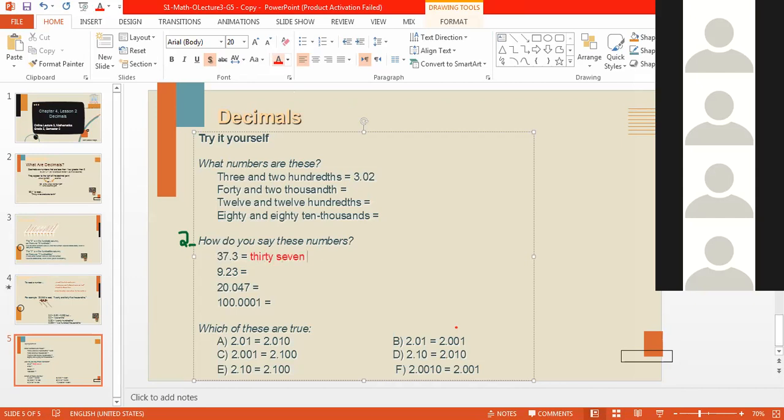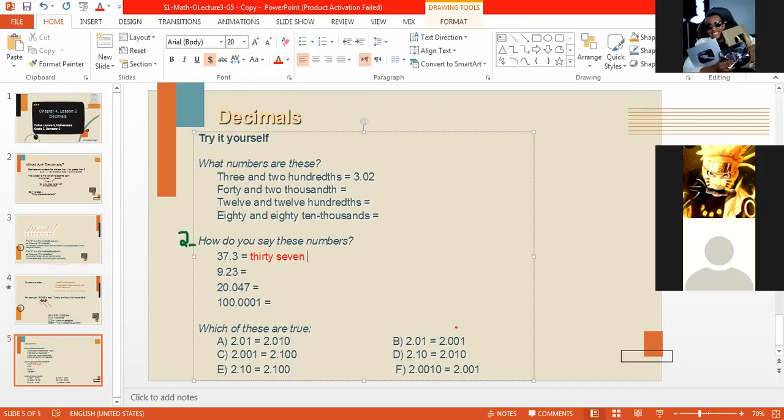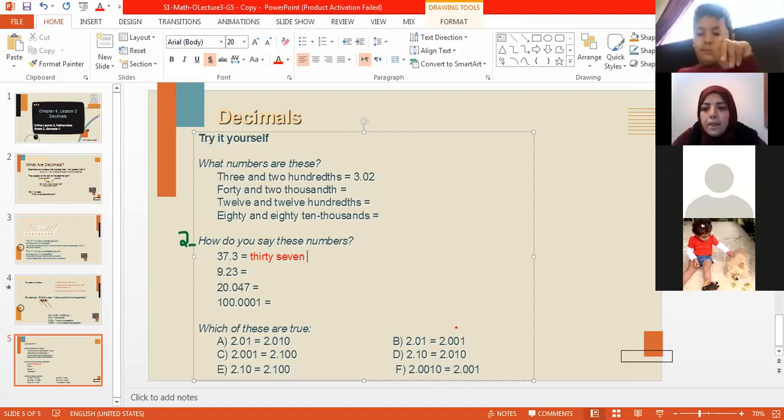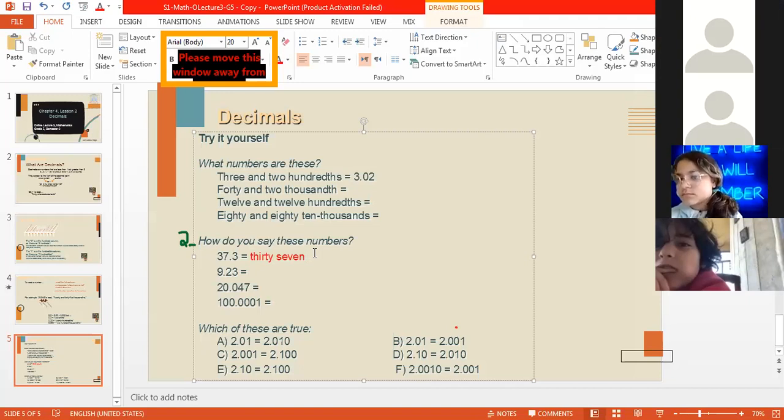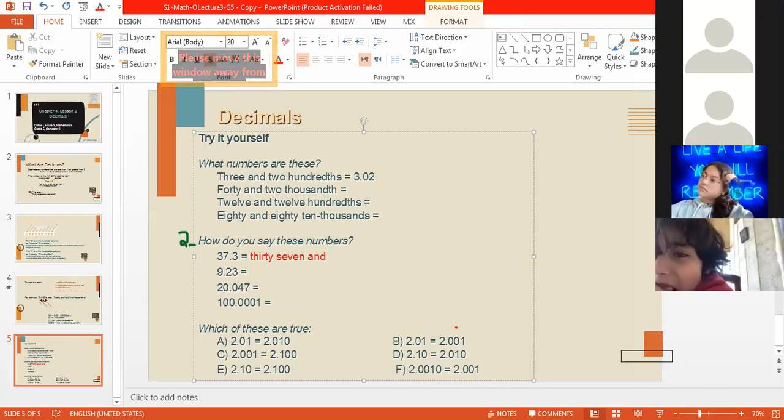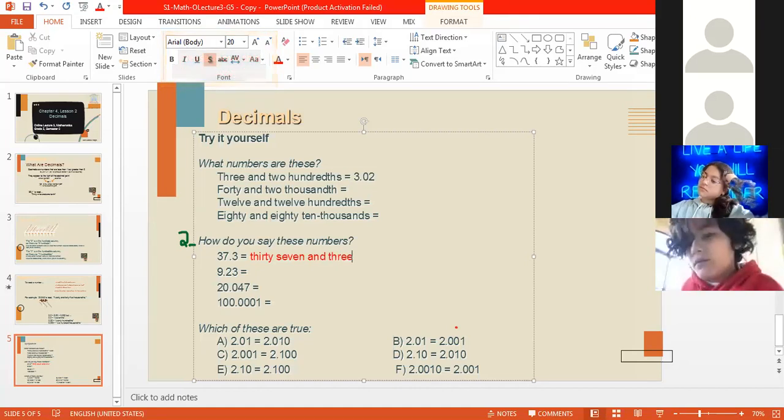Okay? Instead of the point, what do I write? Mohammad, what did we say we write in place of the point? We write the word and. Bravo, Mohammad. Now the decimal part, what do I have? 3. Correct, there is nothing else, this 3 by itself. But don't forget that you have to tell me the place value. 3 what?